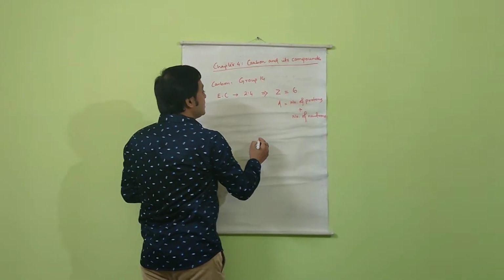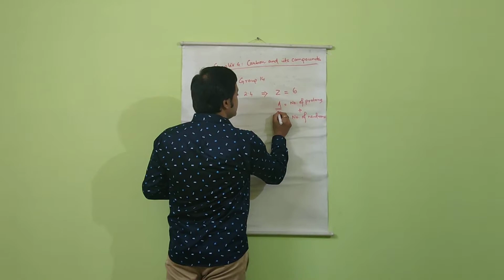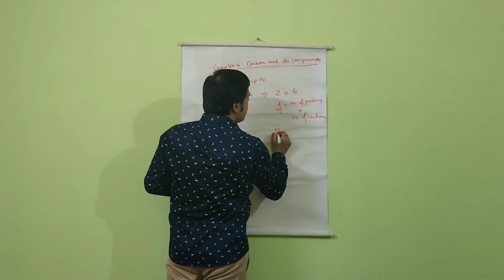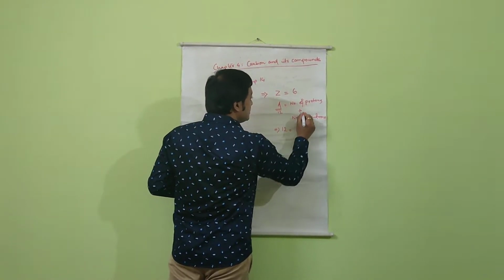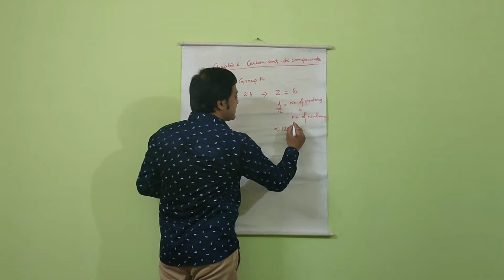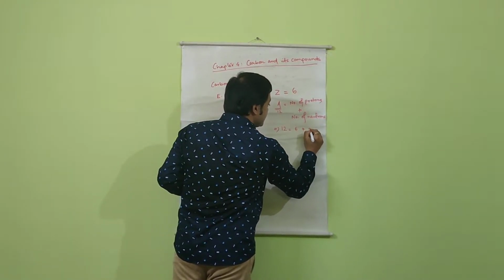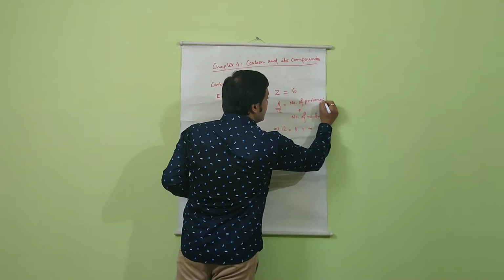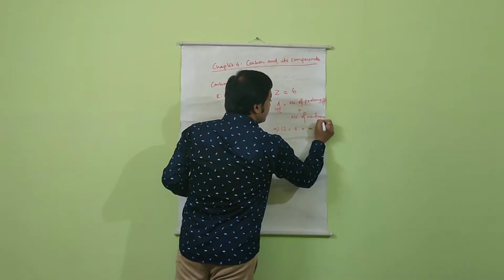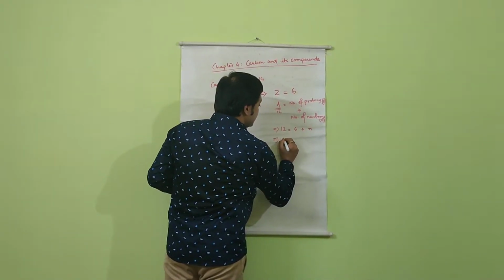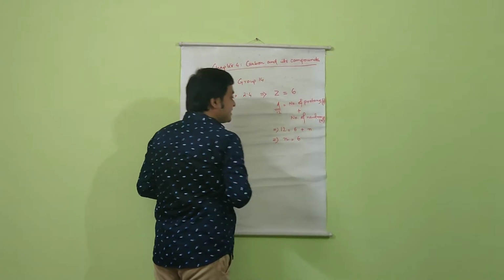Now, as I have told that the mass number of carbon is 12, so this implies that 12 is equal to number of protons, which is 6, plus number of neutrons n. So it implies that n is equal to 6.